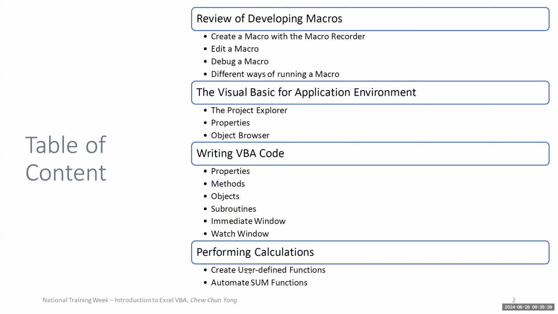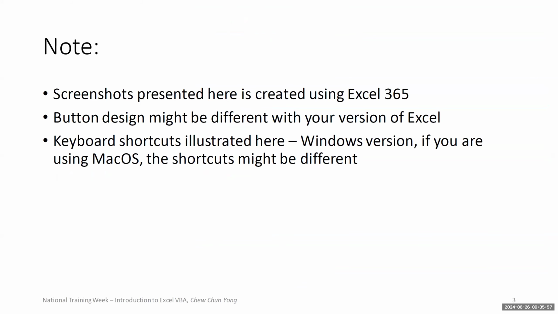The last section is slightly more about writing the syntax or the coding part, where we try to create a user-defined function and then automate some functions. We won't be going into too much detail or anything too complicated. We focus on some simple examples.